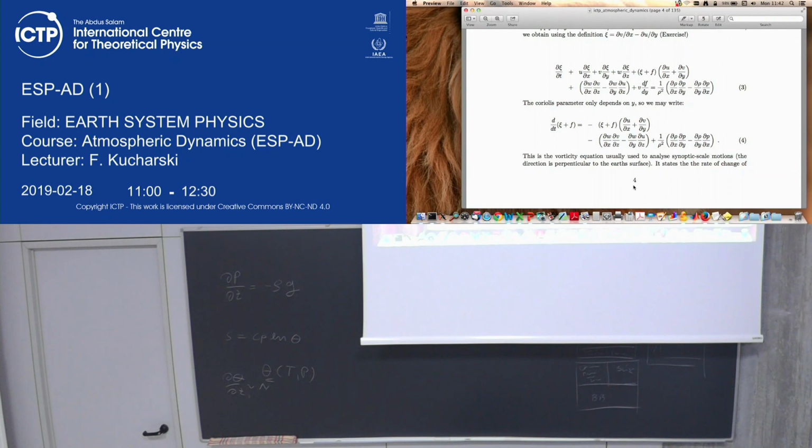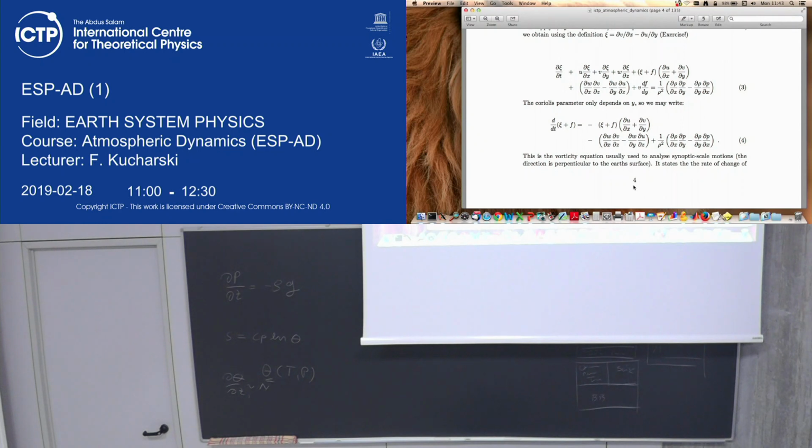So angular momentum conservation is described by this term. Only, with respect to small-scale motion, there's an important asymmetry here, because for small scales there would be no f. There would be a complete symmetry between cyclonic and anticyclonic rotation. But for large scales, it turns out there will be a dominance of the f in this term, and then we have to evaluate what that means for the vorticities. But in principle, this is just angular momentum conservation.